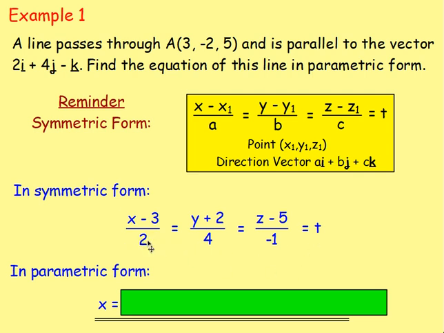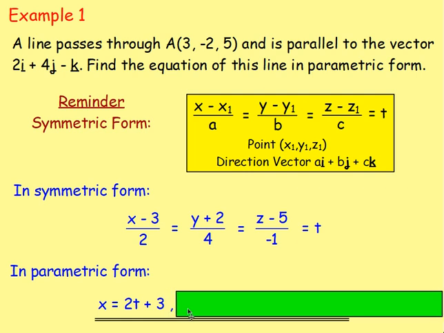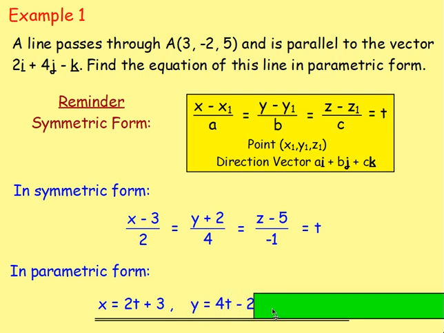Multiply both sides by 2, so we'd have x take away 3 equals 2t, and then if you add on 3 to both sides, we can say that x would equal the 2t plus 3. Looking here with the y, y plus 2 over 4, well, again, that's equal to t. Multiply both of them by 4, so we'd have y plus 2 equals 4t. Take away the 2, and y would equal 4t take away 2.